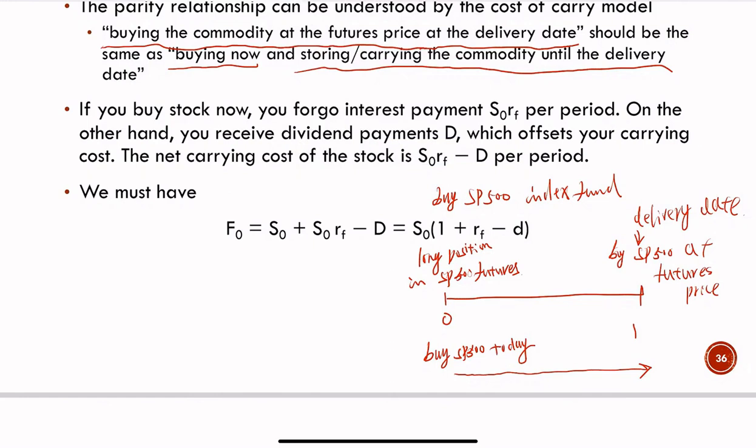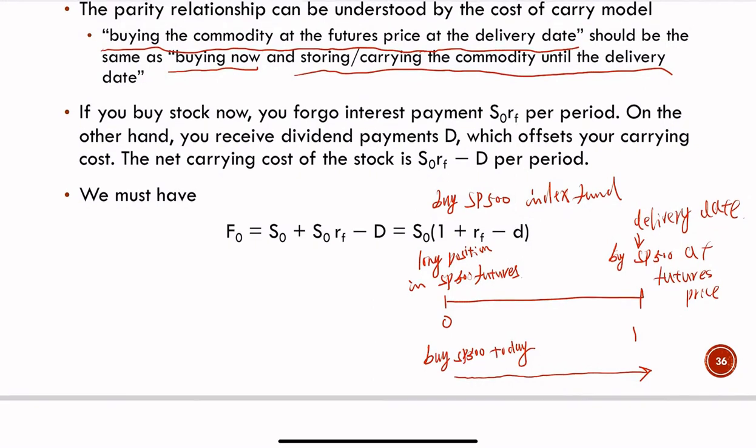So it means on this delivery date, if you have entered a long position in this SP 500 futures contract, you will pay F0 to buy this SP 500 index.